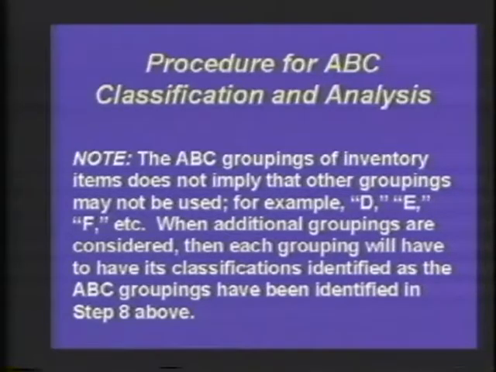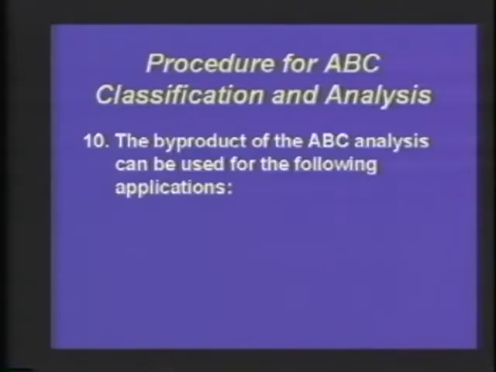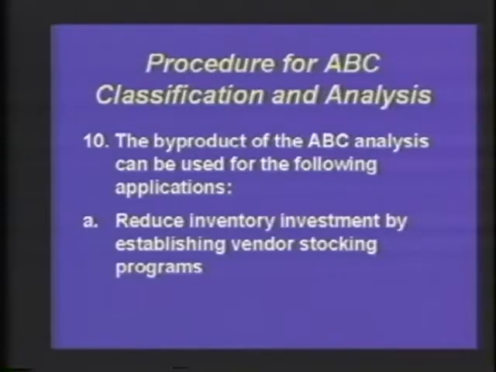item number 8. And moving on now to page 16C, these are some of the byproducts of the ABC analysis, and that is it's used for the input into inventory reduction through vendor stocking. It's the input into cycle counting.